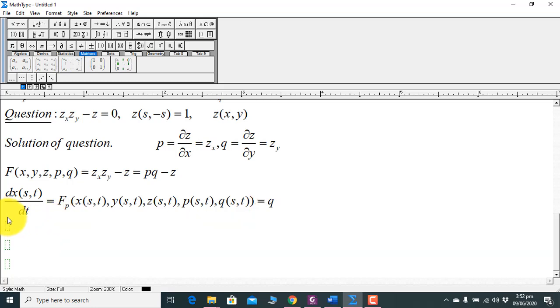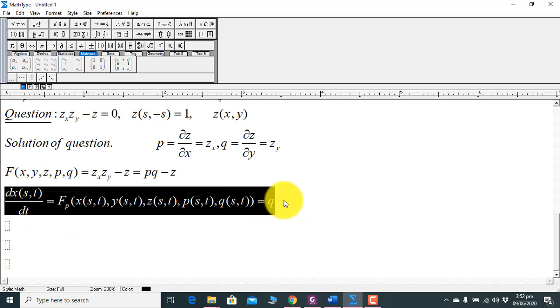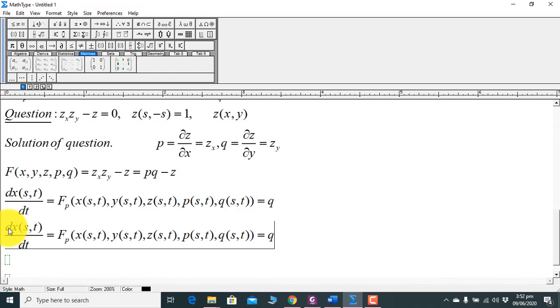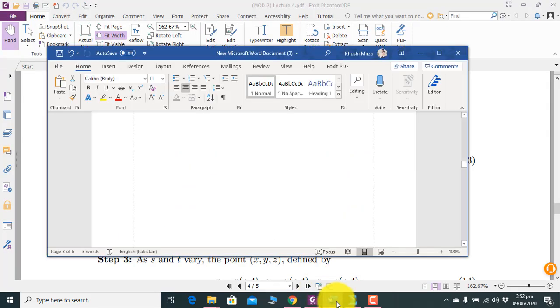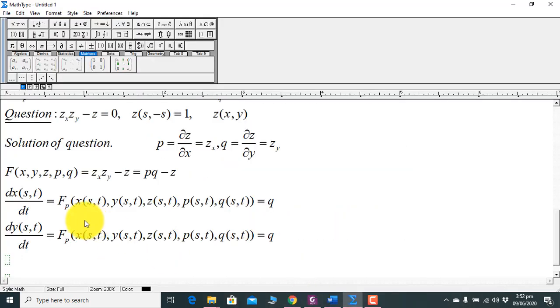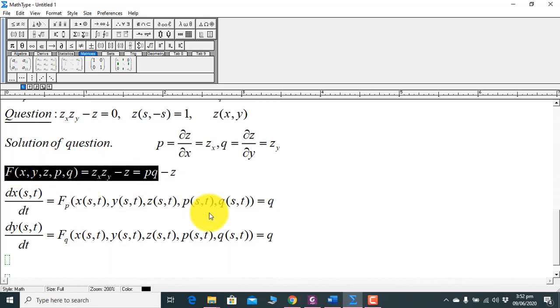Similarly, because this is the first example, I write down dy over dt. Look back at the formula, dy by dt was F q in equation 3, similar to the equations derived in the previous lecture on nonlinear partial differential equations. Taking the derivative of F with respect to q, the answer will be p.